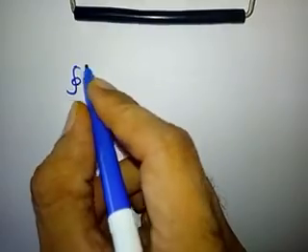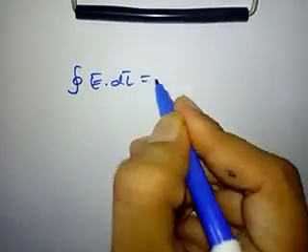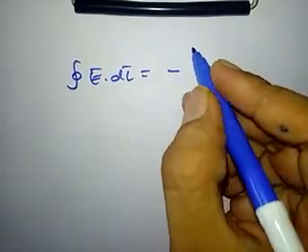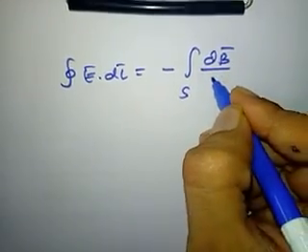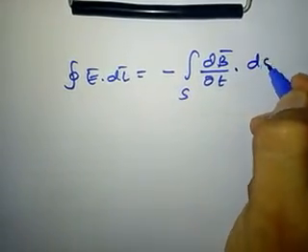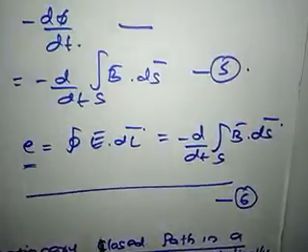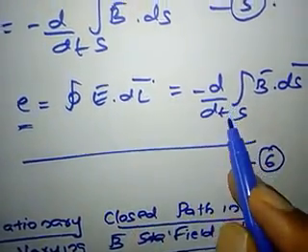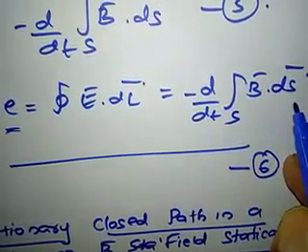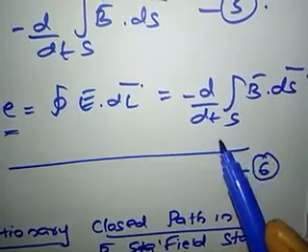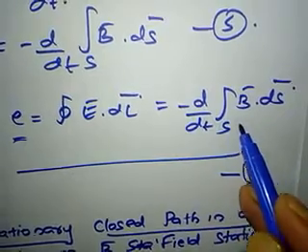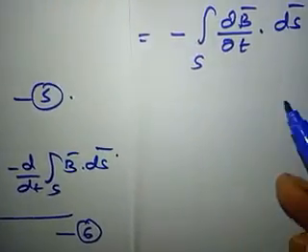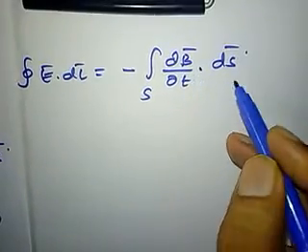So I can write the closed integral E bar dot dl bar equal to minus the surface integral of partial derivative of B bar with respect to t dot dS bar. As the magnetic field varies with respect to time and also coordinates, I can take a partial differentiation, taking d by dt inside, so it is minus the surface integral of dou B bar by dou t dot dS bar.